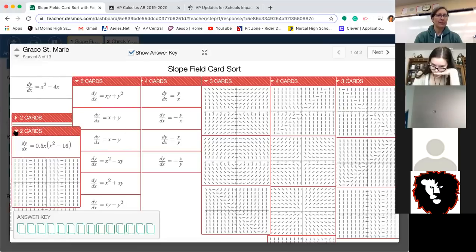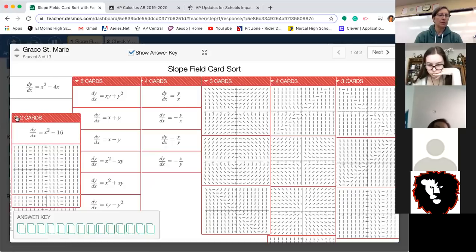Okay, so Grace, these 2 here are 2 that I talked about. Here, you've got the 0 slopes at 4 and -4, but then you'll also have 0 slopes at 0 because of this one. So I think you need to flip-flop these 2 cards here. Okay.